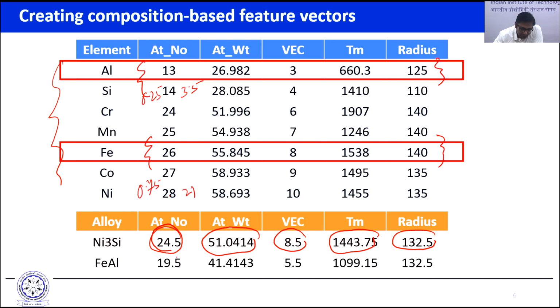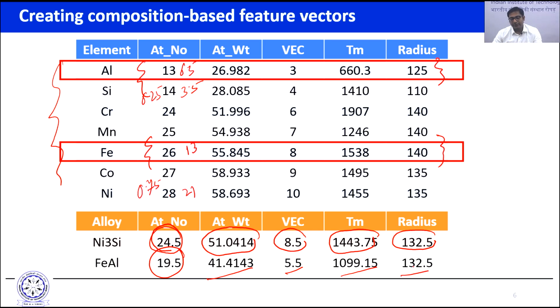I can again do the same thing if I am trying to compute the feature vectors for iron aluminide. So for FeAl, I am going to take 50% of Fe, which is 13, and again 50% of aluminum, which is 6.5. And so that gives me the composition weighted average atomic number as 19.5. And similarly, you can calculate the atomic weight, valence electron concentration, melting temperature, and radius.